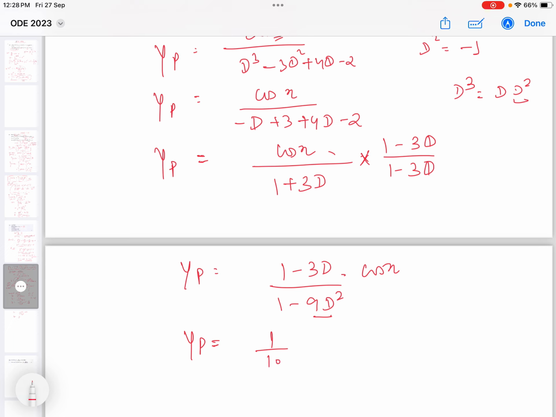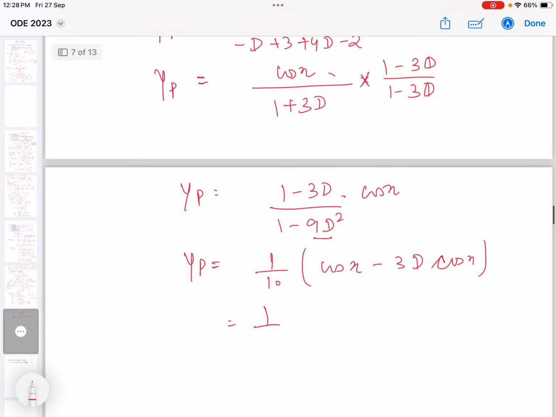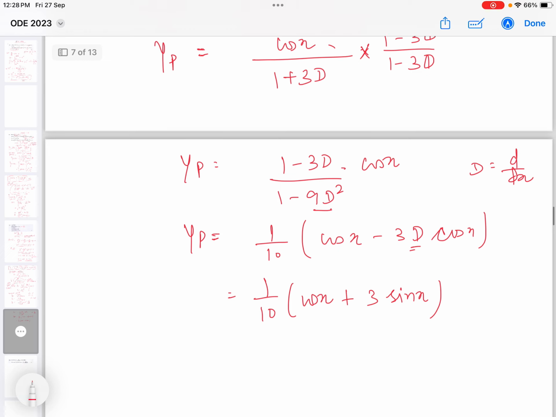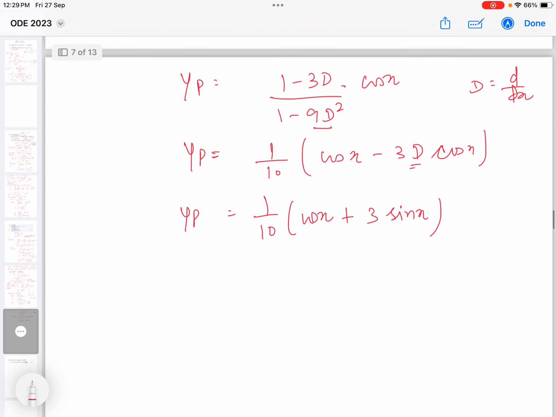So 1 by 10 cos x minus 3D cos x, that is 1 by 10 (cos x minus 3 times the differentiation of cos x), where D is d by dx. Differentiation of cos x is basically sin x. So this was part 2.